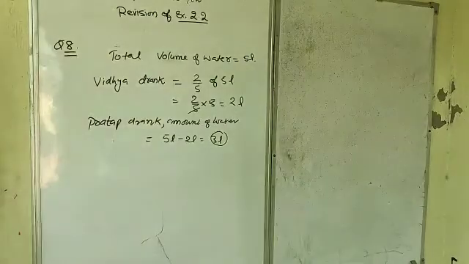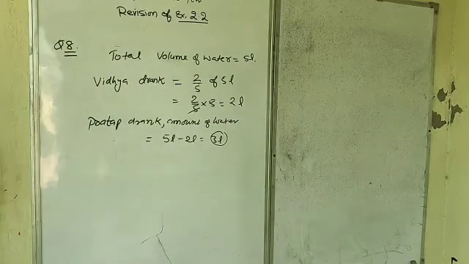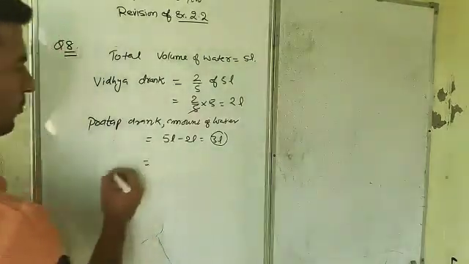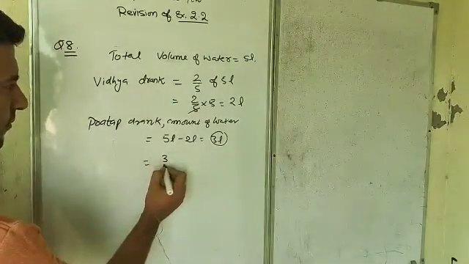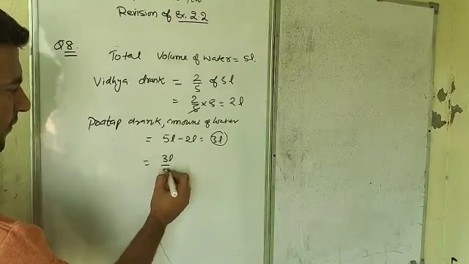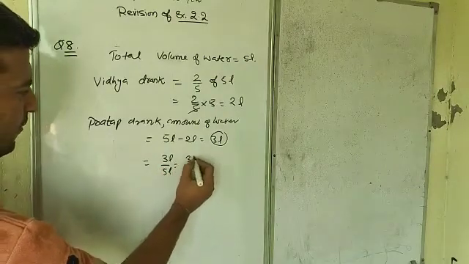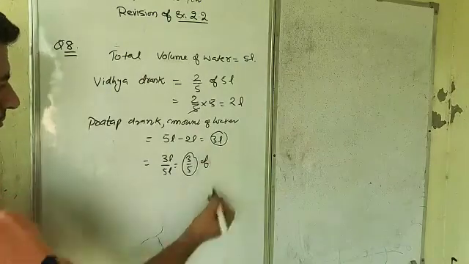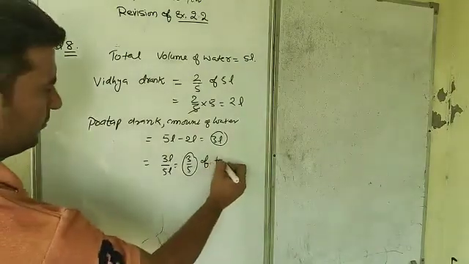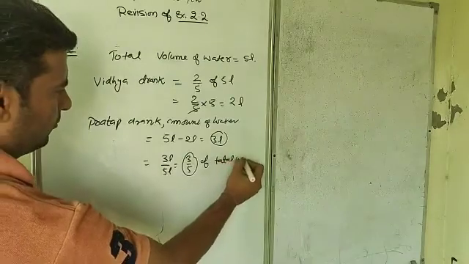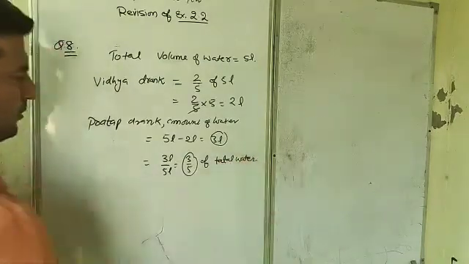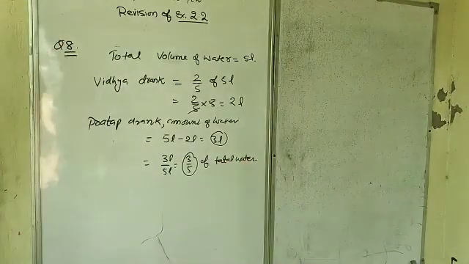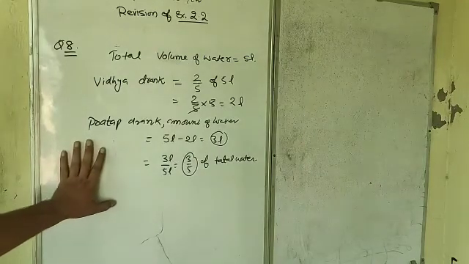So simply 3 liter of the water will be consumed by Pratap. By what fraction is it? So it is equal to 3 liter by 5 liter. Divide, so 3 by 5 of the total water. So 3 by 5 of the total water capacity, water volume, is drunk by Pratap.